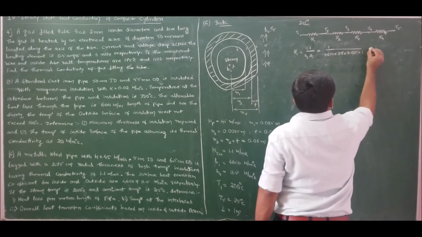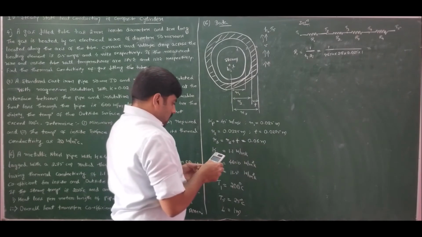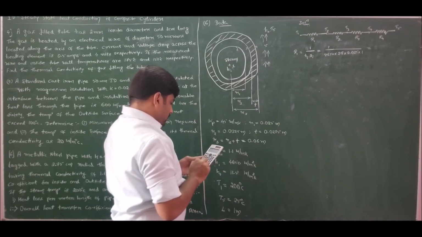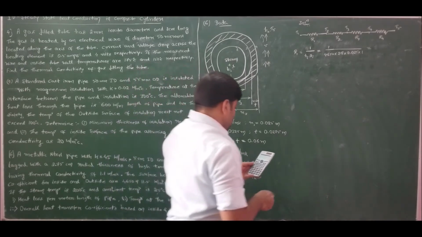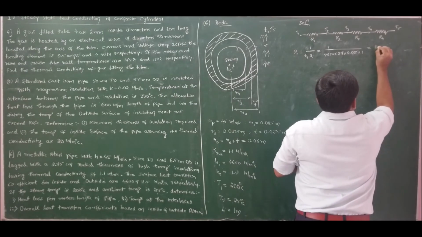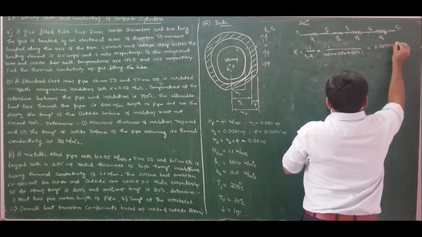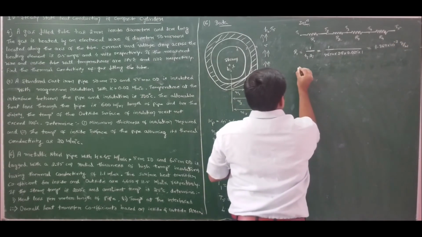So inside surface area is known to us, 2 pi R1 L. So R1 will become 1 by 4650 into 2 into pi into 0.025 into 1, which is 1.369 into 10 to the power of minus 3 degrees Celsius per watt.